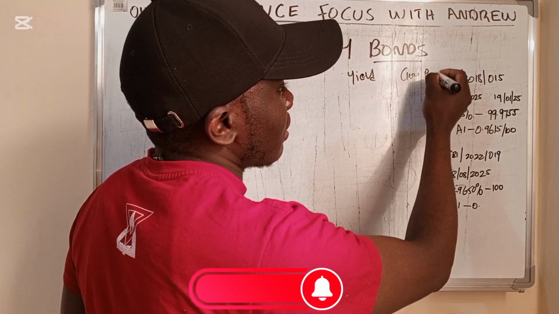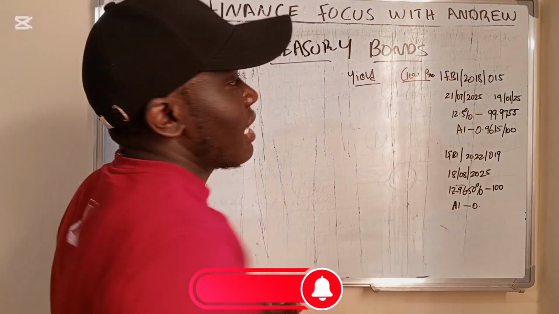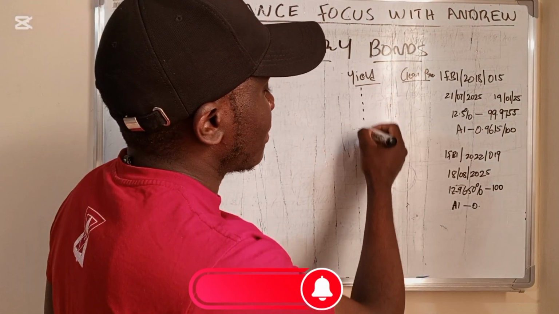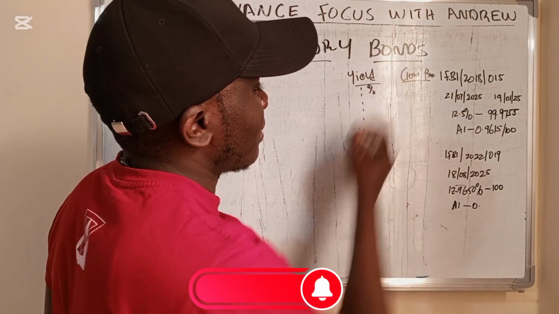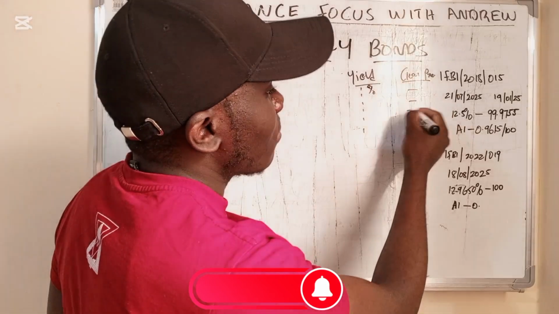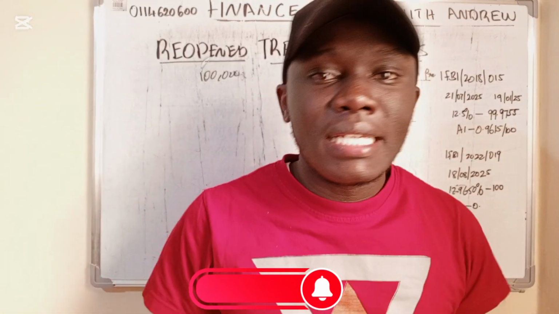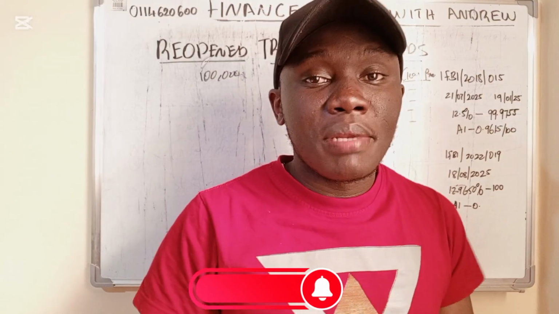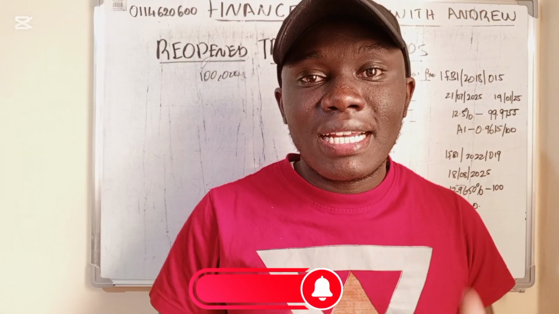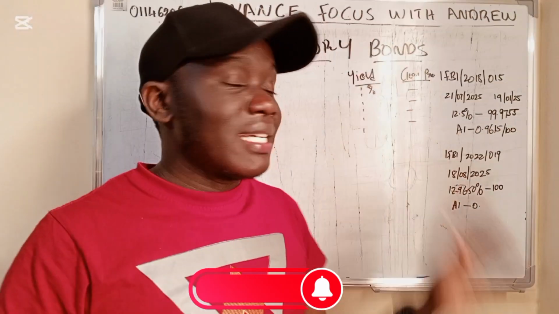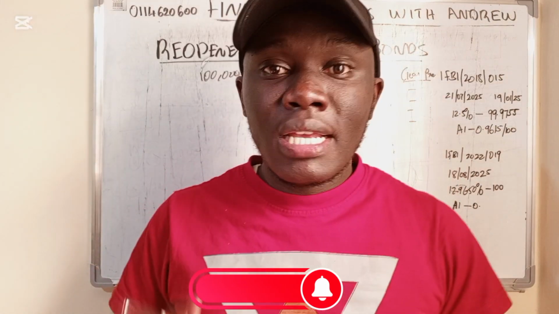We have two prices. So it is the yield and the possible clean price. There will be some yields here which are in terms of percentage, and on the other side we'll have amounts. Now, the yield that will be picked will be determined by the bids that will be presented by investors in that particular bidding. So we'll only know the yield that is selected after the bidding process is over.